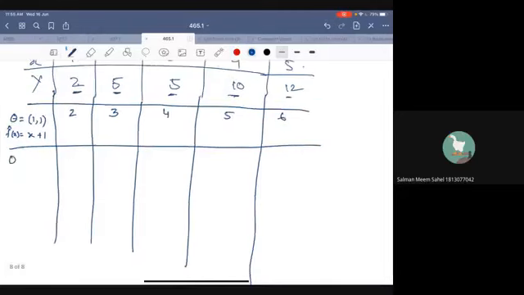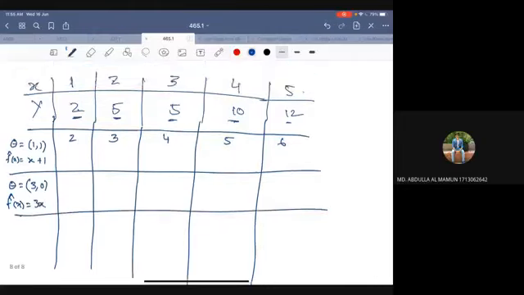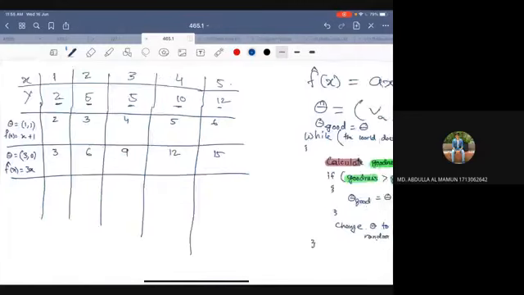If I now change theta to be 3, 0, then f hat of x becomes 3x. Okay. What are my estimated values of y? 3, 6, 9, 12, and 15. Right?